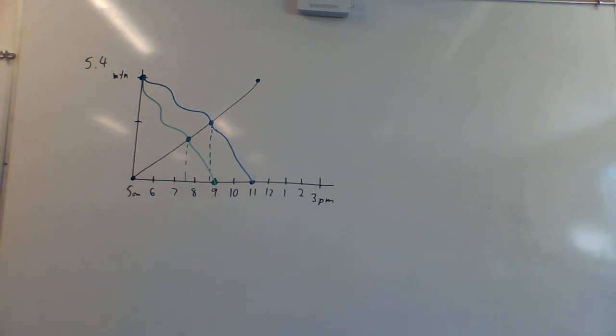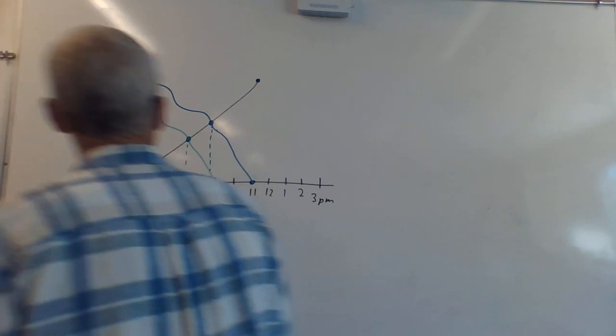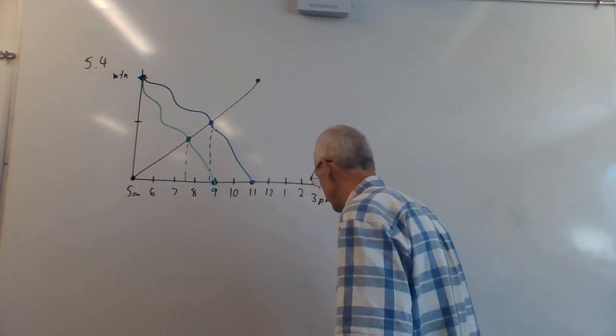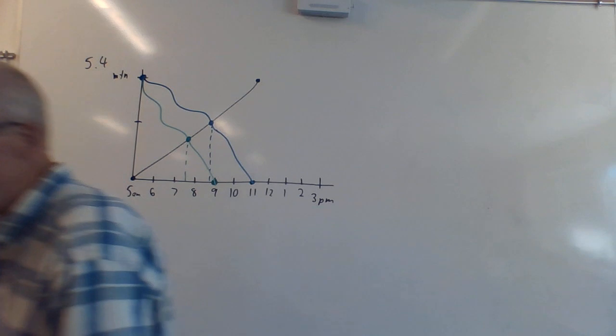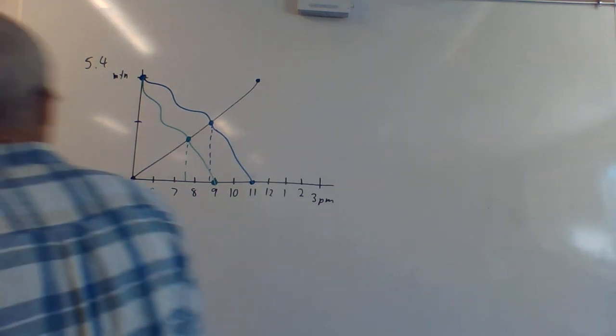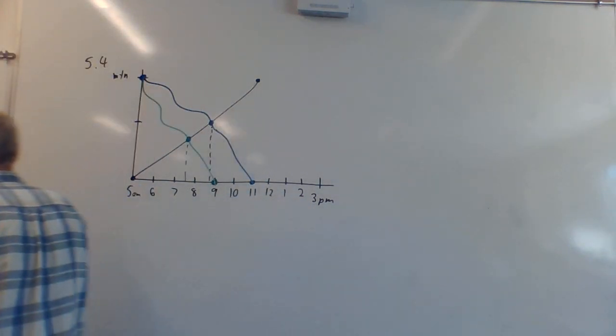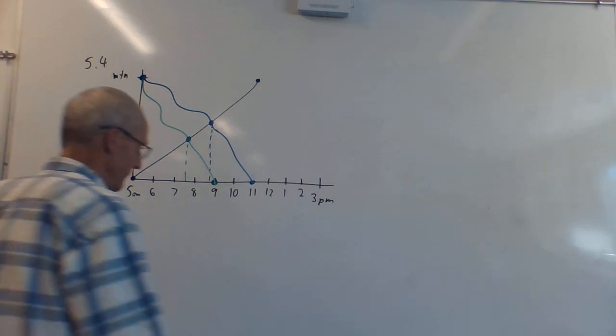Now, the last part says, suppose a monk starts later and gets back at 3 p.m. Okay, so now the monk starts at 10 a.m. So let's do that in, what do they call it, I have the pink color here. Hopefully you can see it.